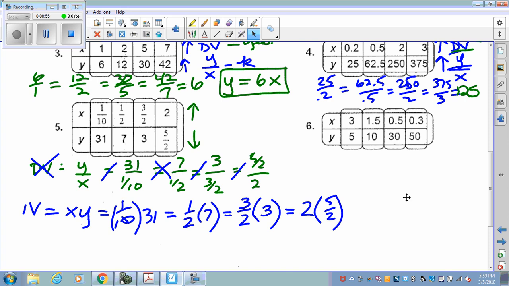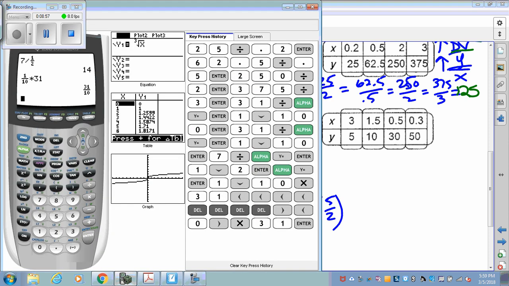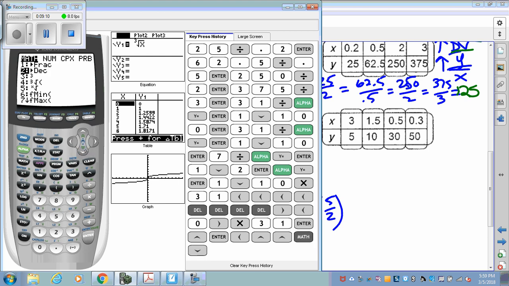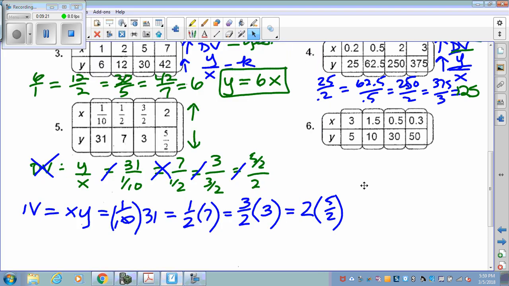Let me make that 31/10 into a decimal. If this is 31/10, that's 3.1.